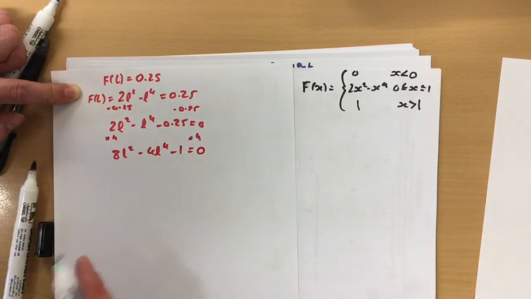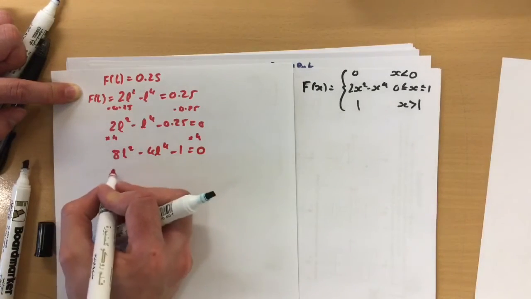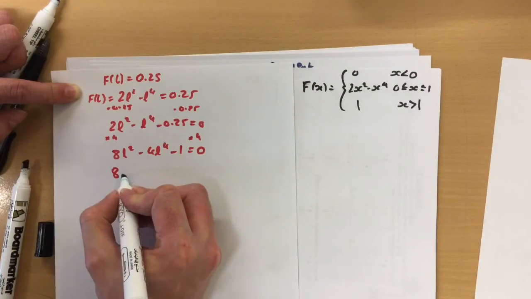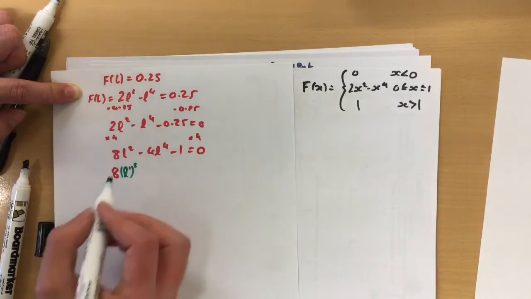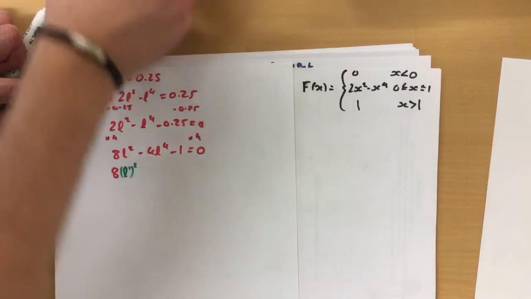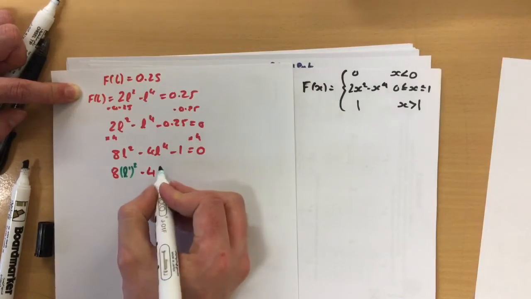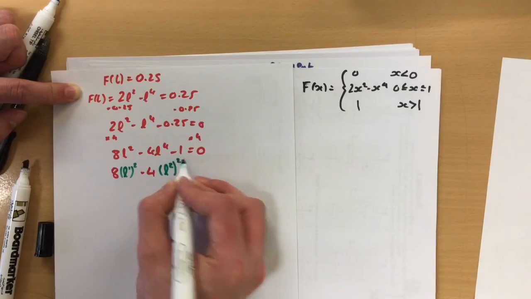Now a little bit of trickery here. You've probably seen this little trick before, hopefully. If not, well, L to the 4 is like L squared squared.